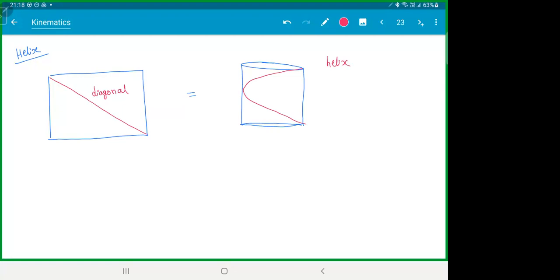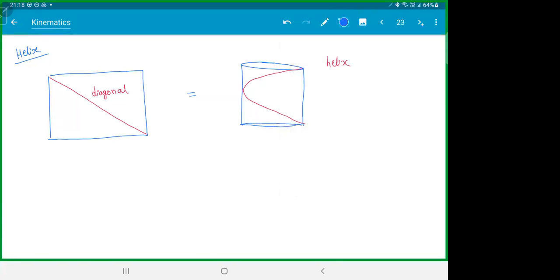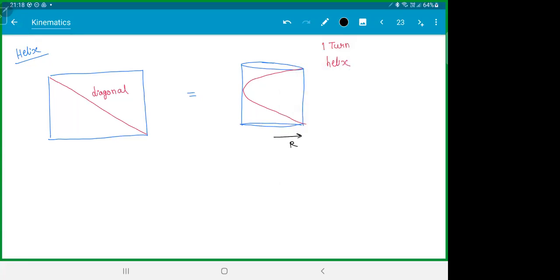You take a rectangle, draw a diagonal, and if you just fold it into a cylinder, the shape which you get is a helix. This is a one-turn helix, single turn. And if you take this radius to be r and this height to be h, what will be the length of this rectangle? 2 pi r. And the height of the rectangle is h. So this base here will be this circumference.